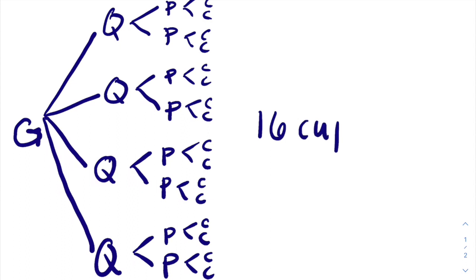And then a pint is 2 cups. So then I can count how many cups I have. 2, 4, 6, 8, 10, 12, 14, 16. And now I know there are 16 cups in a gallon.